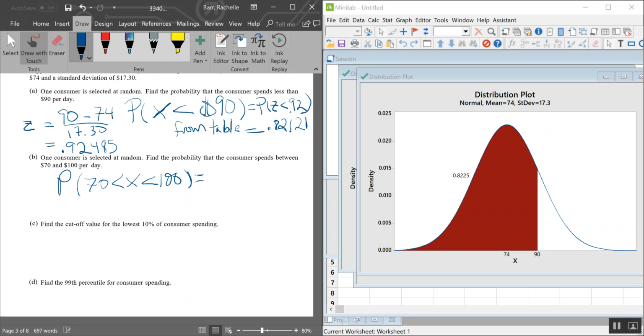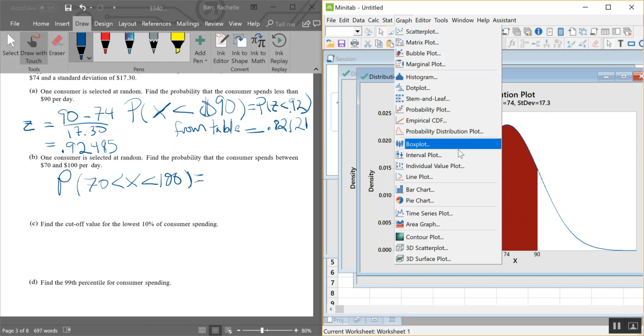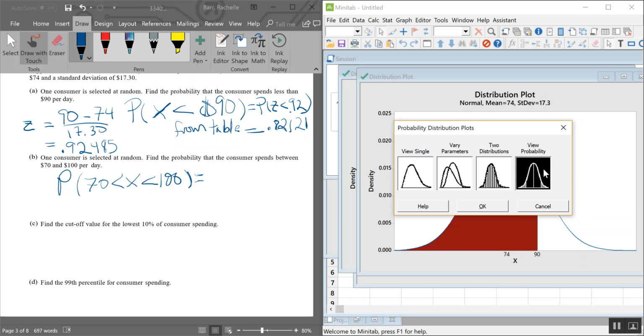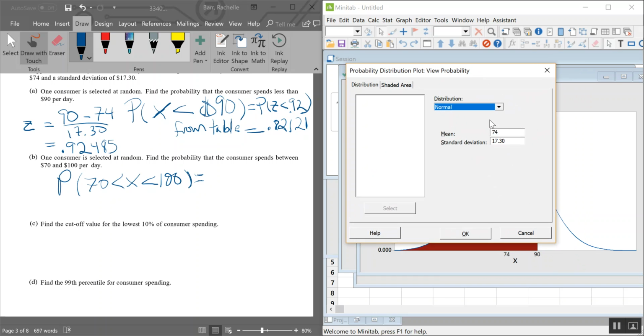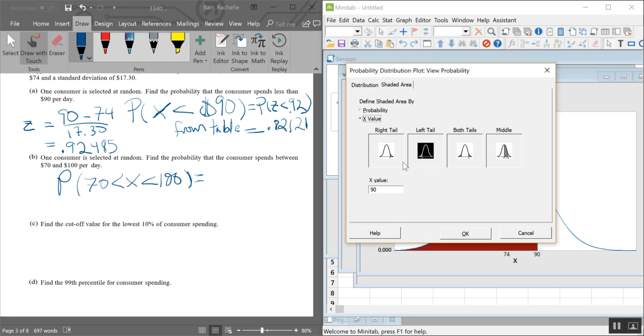Although I could hit the edit last dialog box to do this, just so you see where this comes from again, I'm going to go to Graph, Probability Distribution Plot, View Probability, and it's going to remember where I was last, so it's still $74, still $17.30 is my standard deviation. But now, I don't want a left, I don't want a right, I want something in between. So, middle! Notice how the little pictures guide you to what this is. It's got shaded what area you want and stuff in between.